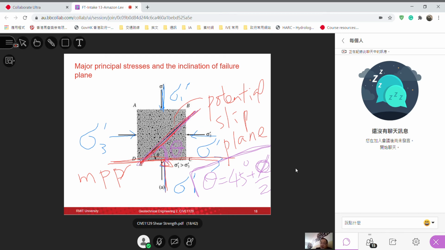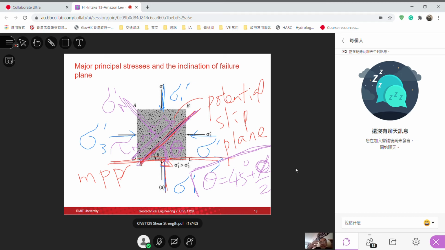So at this inclination is your potential slip plane, where the maximum normal stress will apply perpendicular to this potential slip plane, and then the maximum shear stress would develop across the potential failure plane.